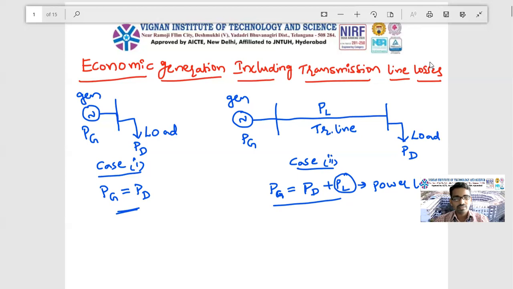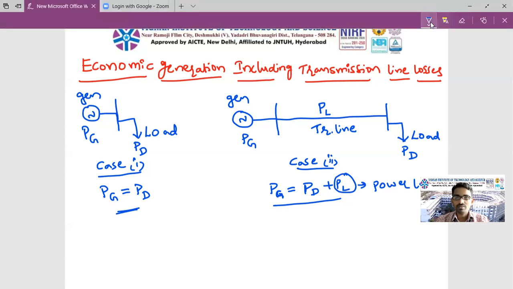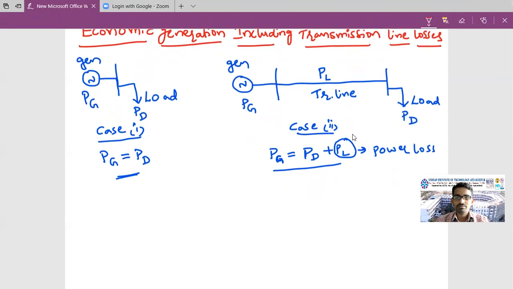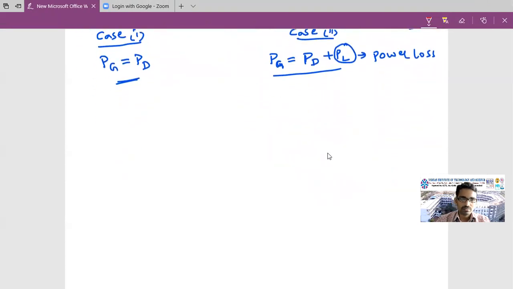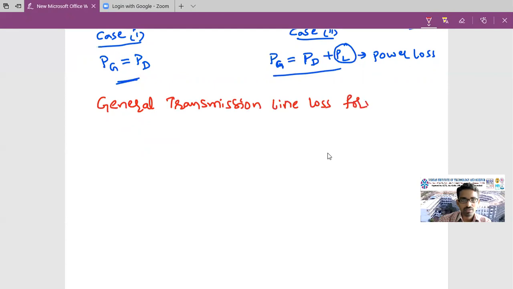So here we are having the transmission line losses, which means we are going to calculate the general transmission line loss formula.